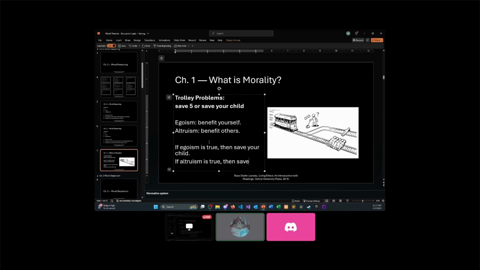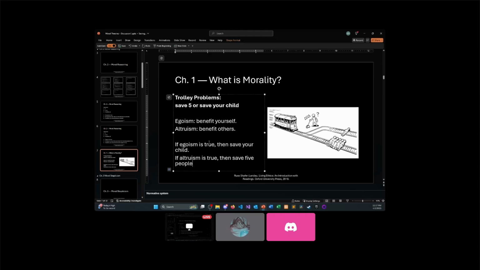Okay. If altruism is true, then who might you save? Then you'd save the 5 people. So you can see from this that depending on which theory is true, which ism, right?